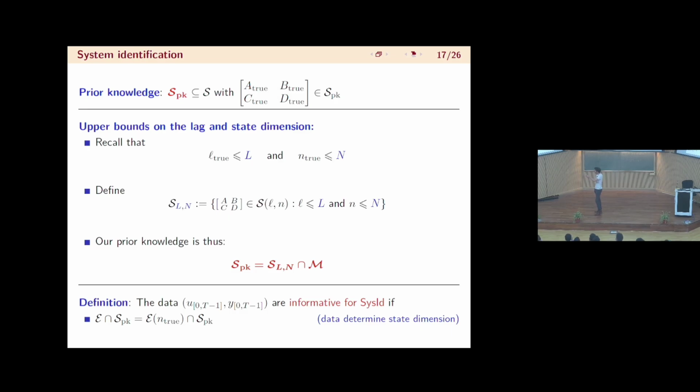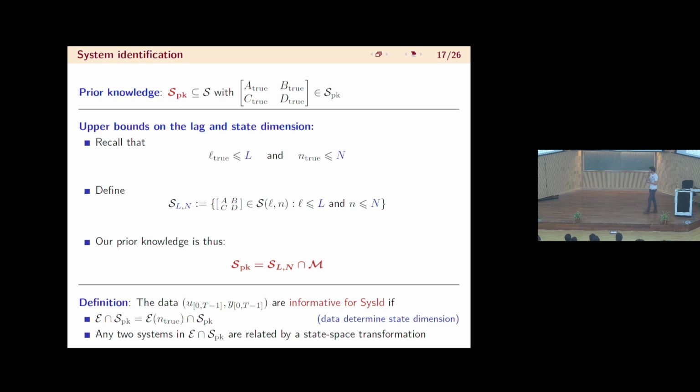So all explaining systems which comply with the prior knowledge, so if I look at the intersection of explaining systems and the set of prior knowledge, so all explaining systems that comply with the prior knowledge have exactly n true states. That's what the first line says over here. And since all explaining systems complying with the prior knowledge have n true states, I'm able to indeed identify n true from the input-output data.